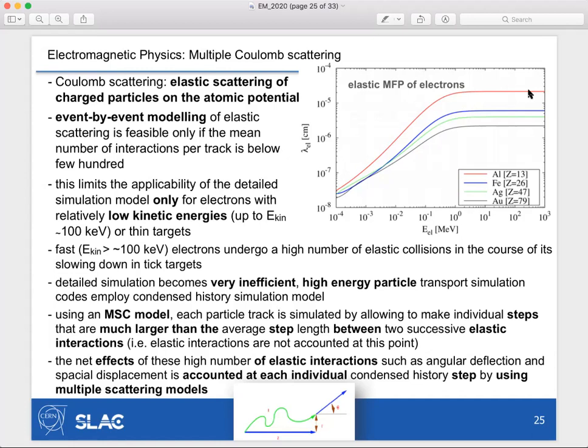But there is such a high number of these Coulomb scatterings, if the electron energy is high, say a couple of 100 keV, that simulating each individual Coulomb scattering again becomes not feasible.